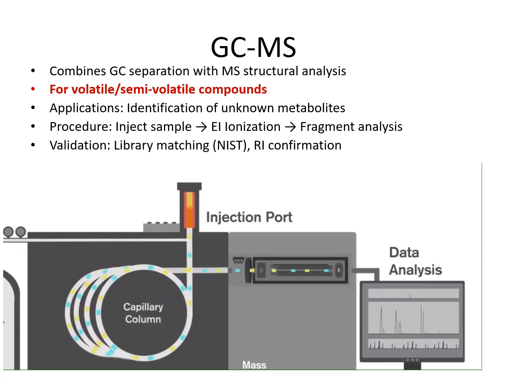Now, in order to identify the components detected by the gas chromatography, a comparison is made between the ionization of each peak, of each compound, and that of the standard.